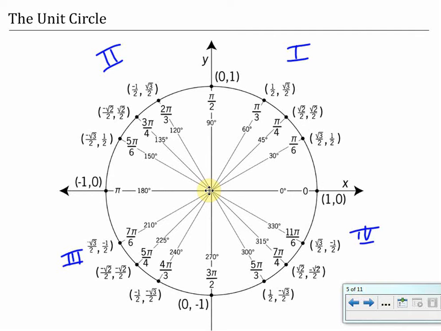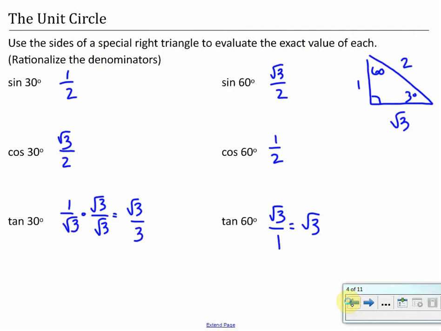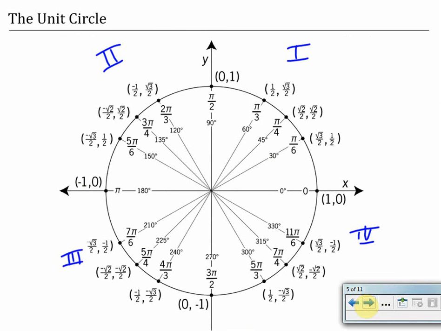You'll notice these values might seem a little familiar. So for 30 degrees, pi over 6, I got radical 3 over 2 and 1/2. And if we go back to the last screen, radical 3 over 2 and 1/2 are the sine and cosine values for the 30, 60, 90 right triangle. So that tells me that the x coordinate is cosine of my angle and the y is sine of my angle.